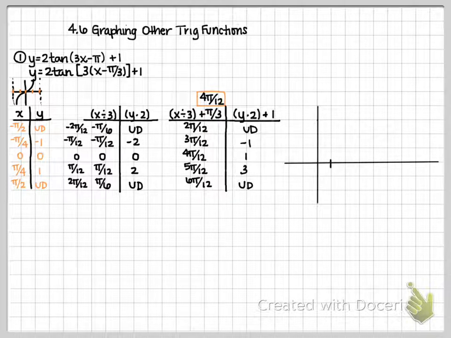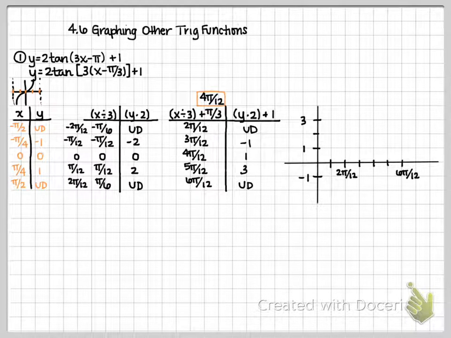Well, let's see if this will fit. So there's 2 pi over 12, 3, 4, 5, 6. All right, it fits. It looks like I need to go down to -1, up to 1, and to 3.